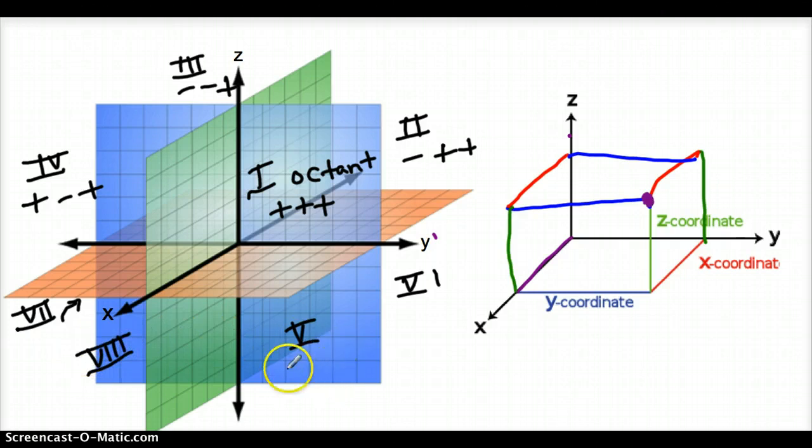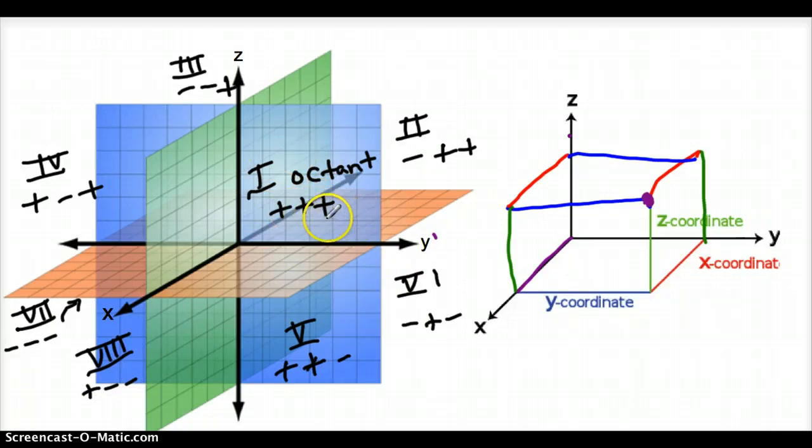Going through briefly, all these z's are going to be negative. This will be positive x, positive y, negative z, negative x, positive y, negative z. So it'd be negative x, negative y, negative z, and the 8th right here then would be positive, negative, and negative. So this could be quick test questions.